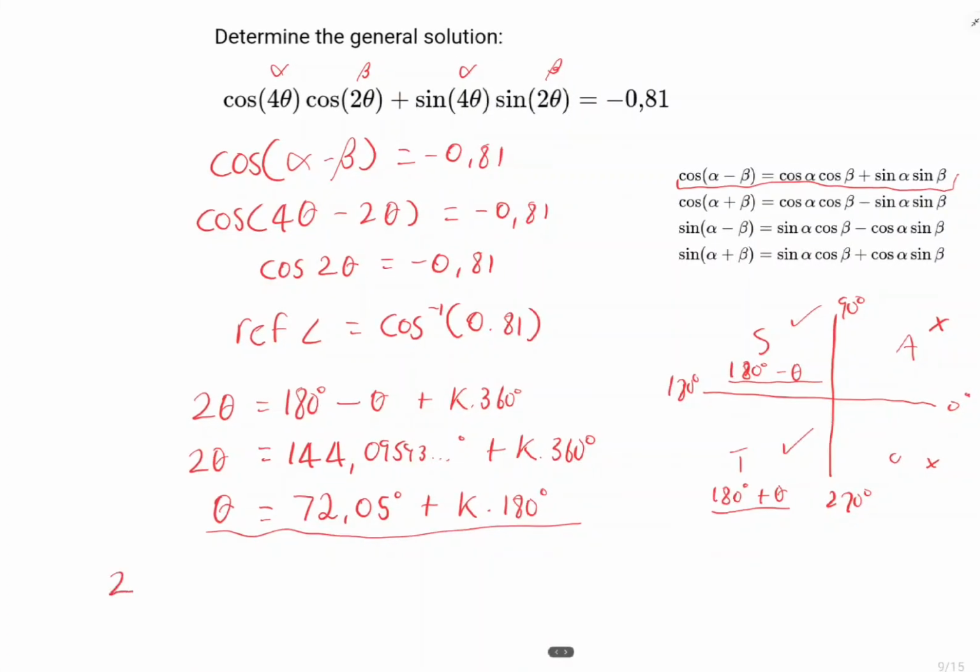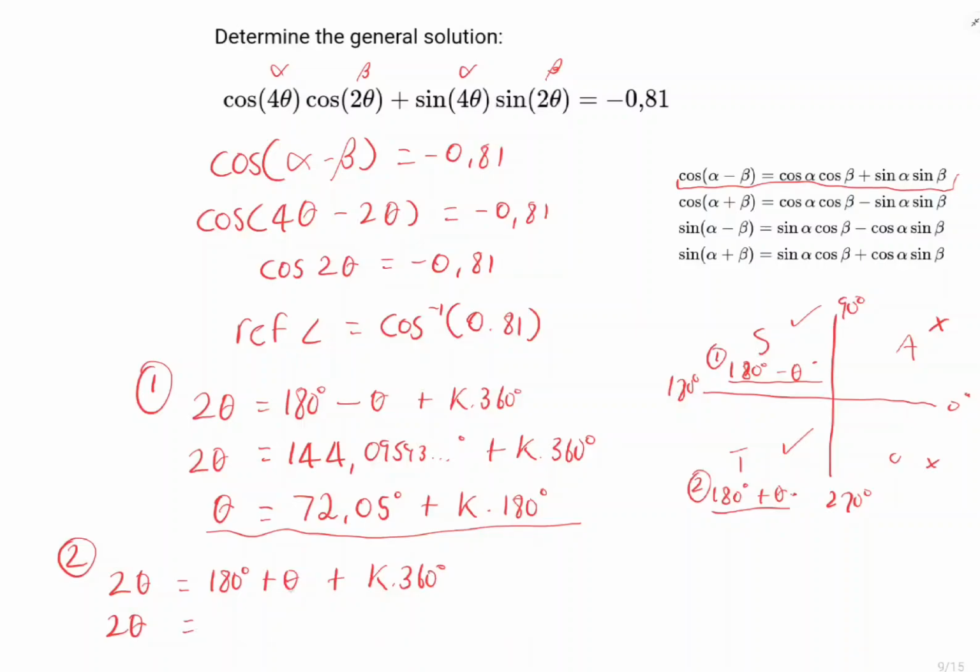Second general solution, pretty much the same thing. Now you're just adding, right? Because we're using this form now. First one, we use this form. Number 1, number 2. So for number 2, it's plus k times 360 degrees.